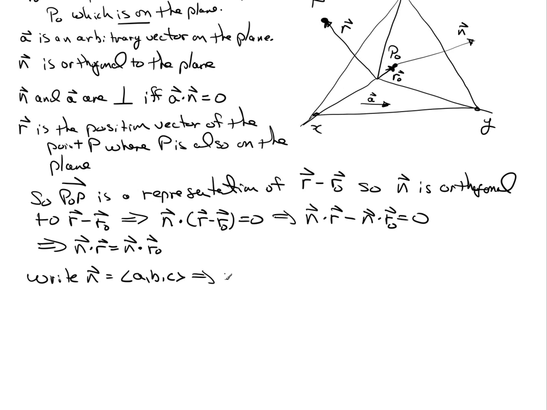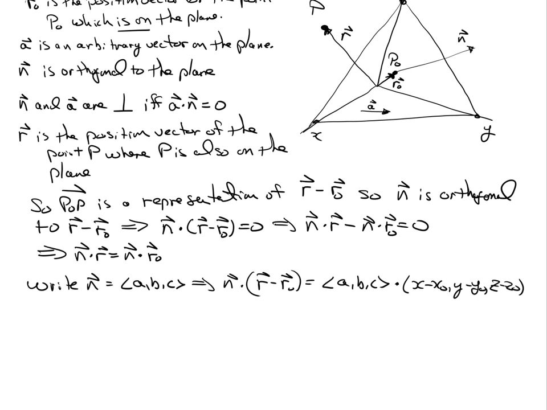That would then imply that n dot (r minus r naught) is actually going to be equal to (a, b, c) dot (x minus x naught, y minus y naught, z minus z naught).